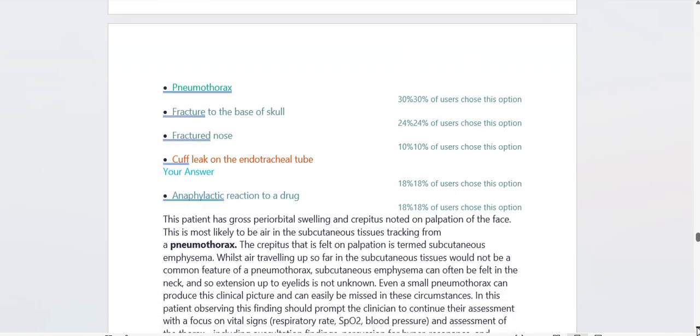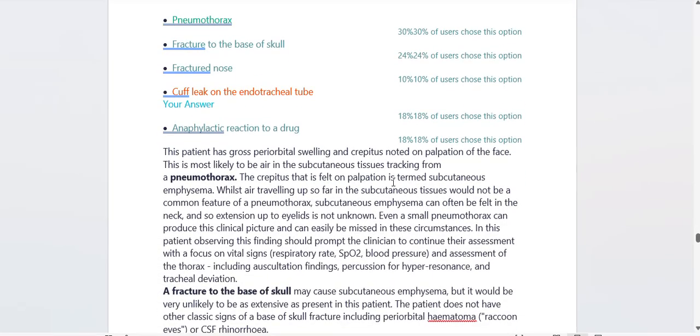So it's pneumothorax. The patient has gross periorbital swelling and crepitus noticed on palpation of the face. This is most likely air in the subcutaneous tissue tracking from a pneumothorax. The crepitus felt on palpation is termed subcutaneous emphysema. Air traveling up so far in subcutaneous tissue would not be a common feature of pneumothorax, but subcutaneous emphysema can often be felt in the neck, so extension up to the eyelids is not uncommon.